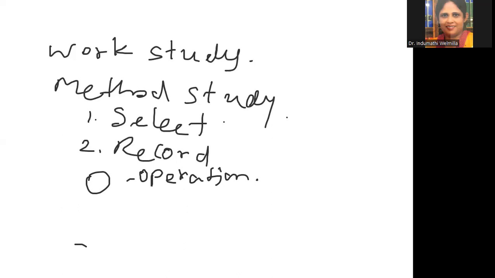In our process chart, to present that, we use this symbol. Another symbol is the square symbol, which we use to show inspection, right? If we want to show inspection in our process chart, we use the square symbol.